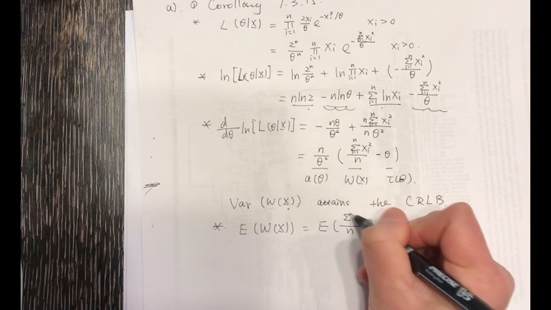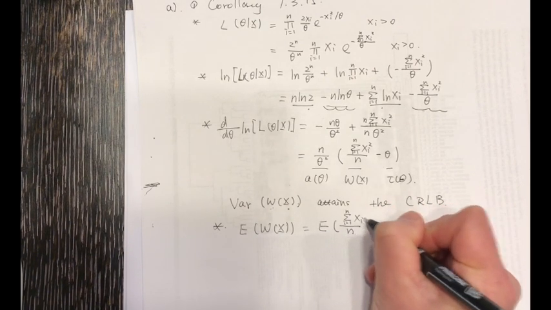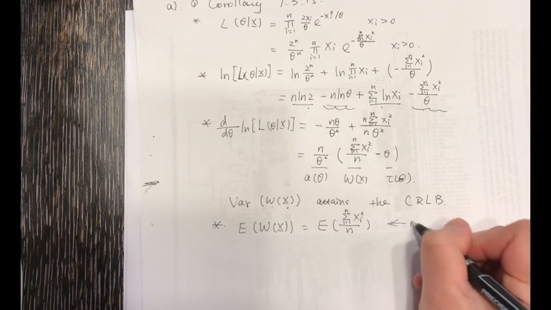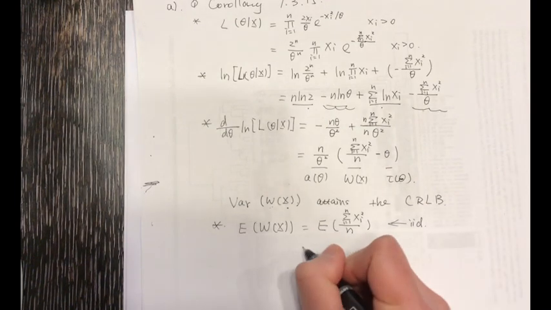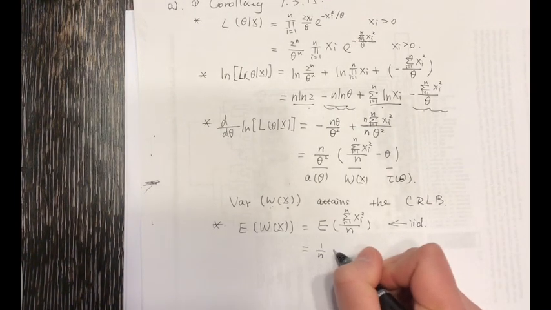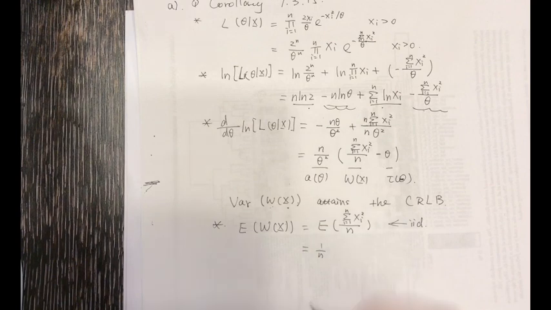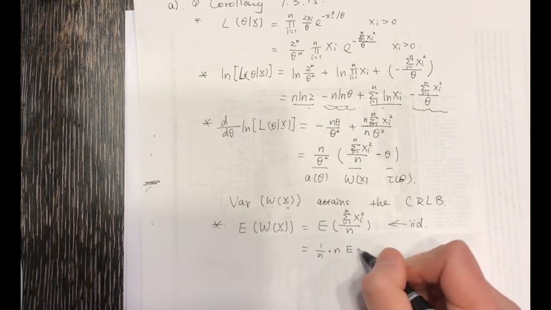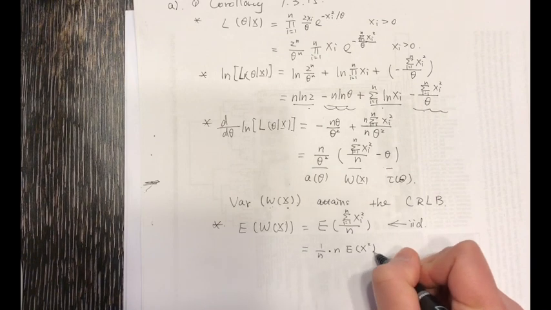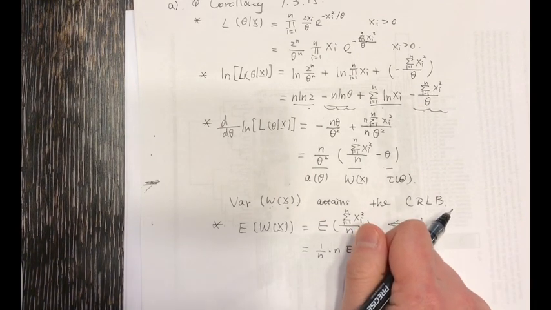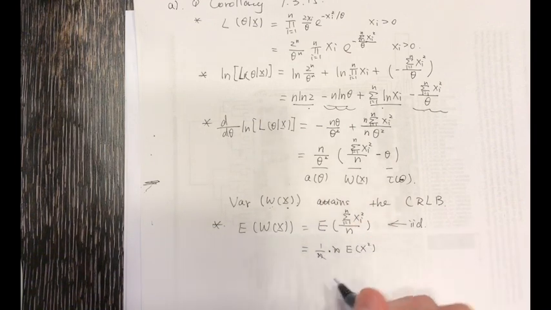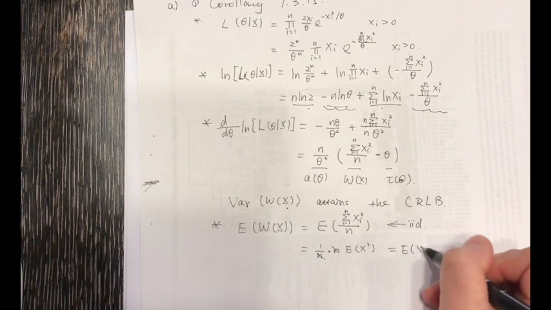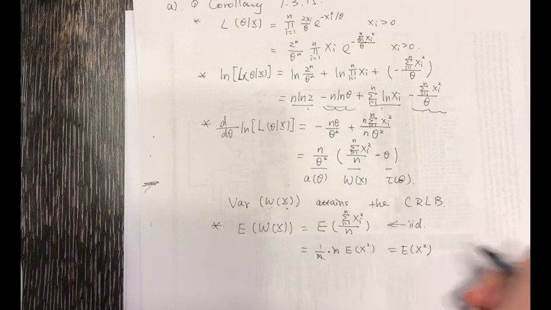Because of IID, we have n times the expectation of X squared divided by n, and the n disappeared. We have the expectation of X squared.